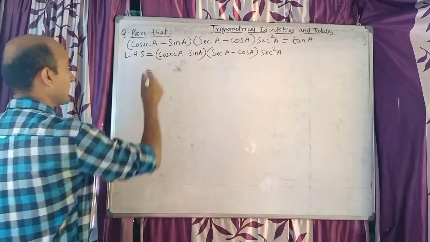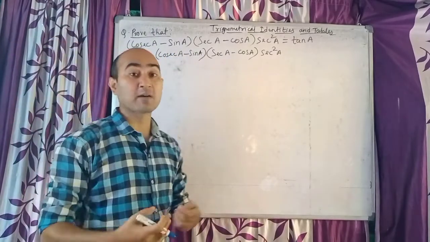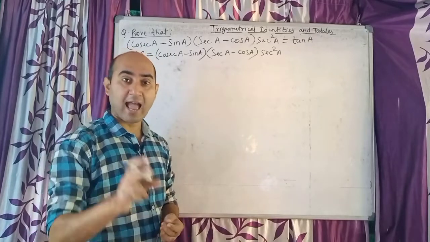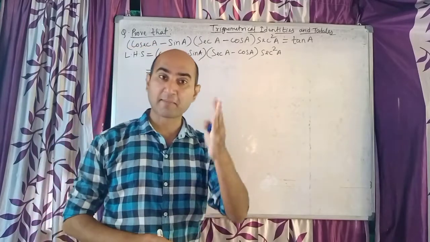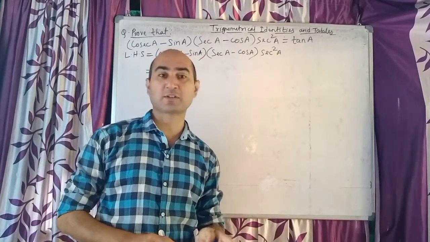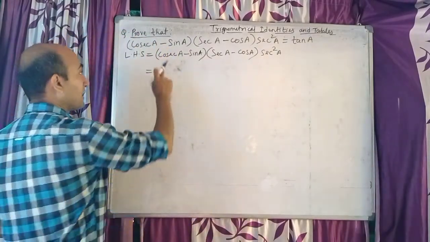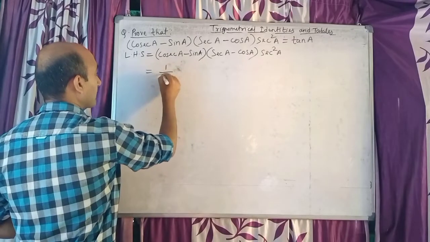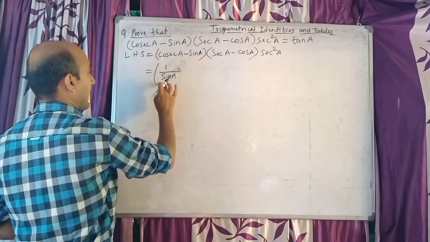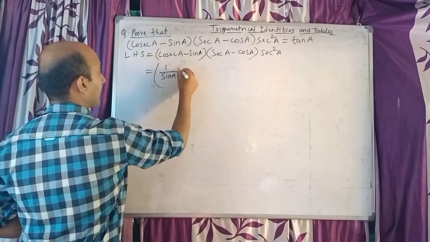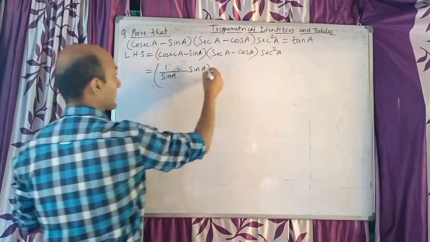So first of all you should think, is there any formula of cosec A which can become sin A? Yes, I have told you a formula, that is sin A equal to 1 by cosec A and cosec A equal to 1 by sin A. So I will use that reciprocal formula, cosec A equal to 1 by sin A. So I wrote cosec A as 1 by sin A, and sin A I keep same. Okay, next bracket same.